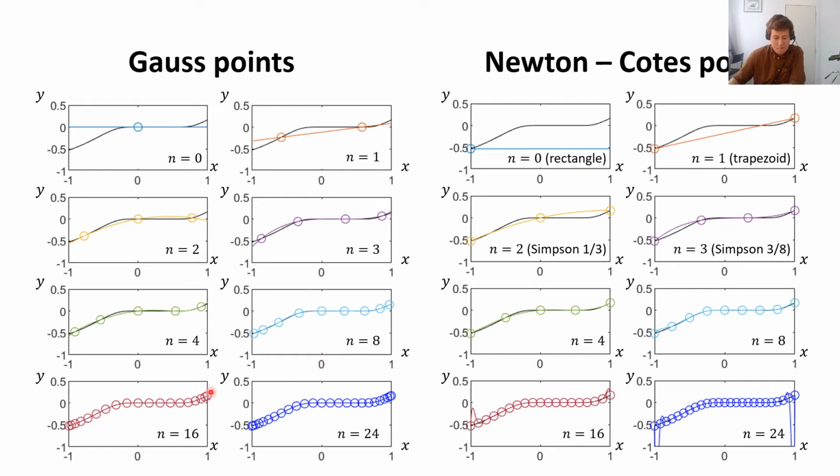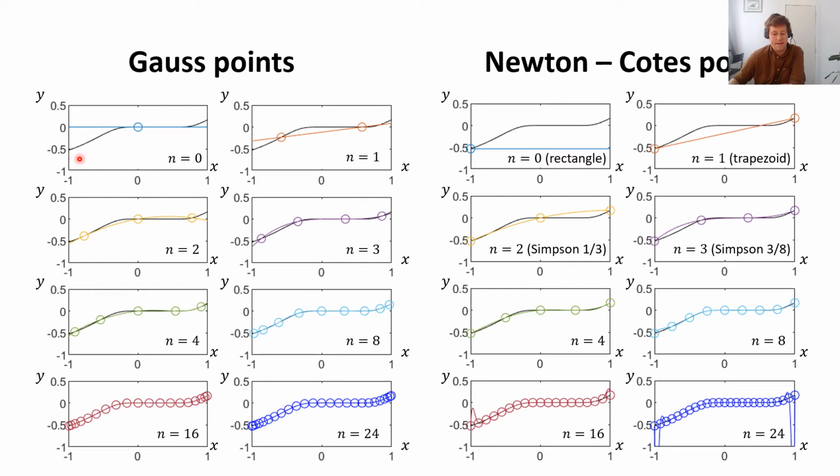So by in some way optimally distributing these points over the interval, we can get rid of these nasty oscillations that could be very harmful for our approximation of the integral. And these Gauss points will play an important role in the rest of this video on Gauss quadrature.